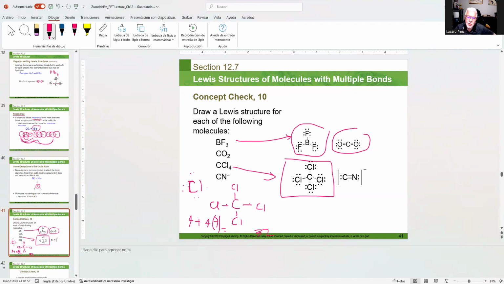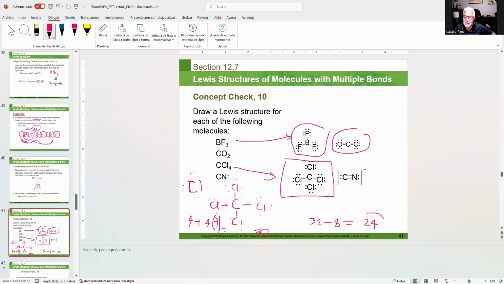Then what we do? We have here 2, 4, 6, 8. We already have 8 electrons. Then 32 valence electrons minus 8. We still have to represent 24 electrons. Then I begin 1, 2, 3, 4, 5, 6, 7, 8, 9, 10, 12, 14, 16, 18, 20, 22, 24.